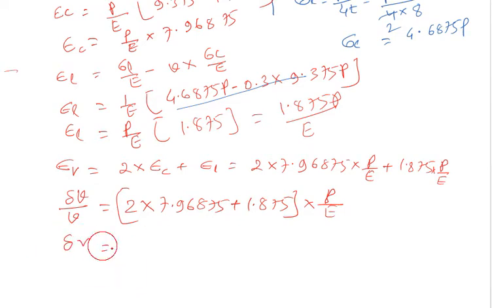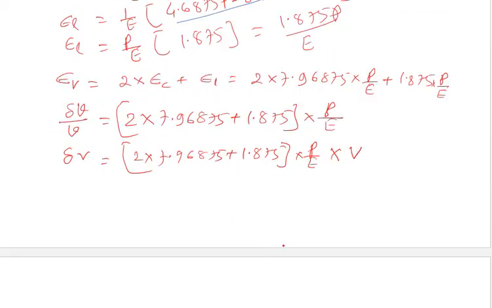Now delta V is equal to 2 into 7.96875 plus 1.875 into P by E, sorry, into V. So let's calculate, and this change in volume is given, that is 20,000 mm³. So let's calculate this value.